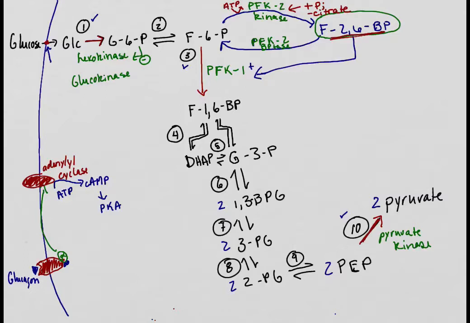So if inorganic phosphate is present in high concentrations, that means there's a need for ATP. So it makes sense to upregulate the pathway. Now, on the flip side, if citrate is present in high concentrations, it means that energy needs are being met by fats and the TCA cycle is going like crazy. So there isn't any need to upregulate PFK1. So downregulate that, lower concentrations of fructose 2,6-bisphosphate, and stop upregulating PFK1.